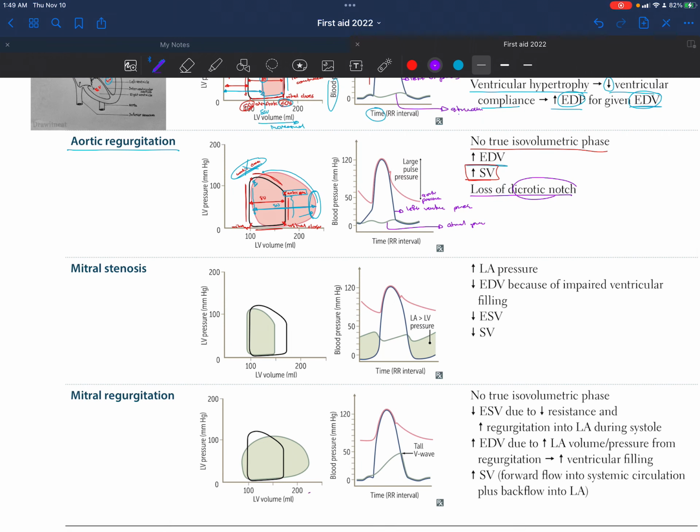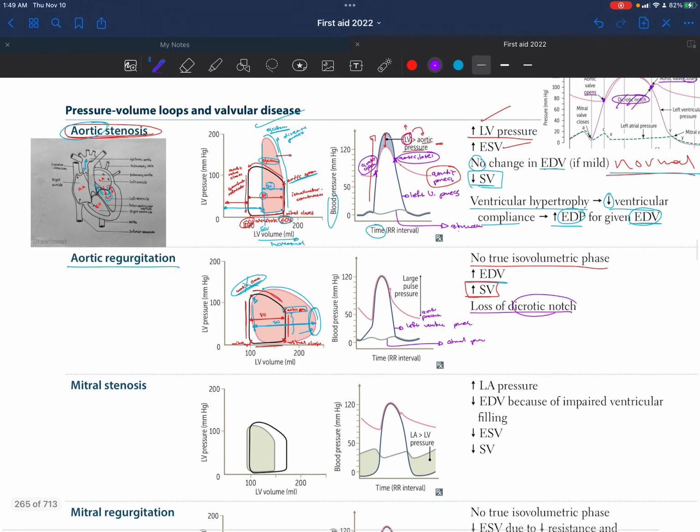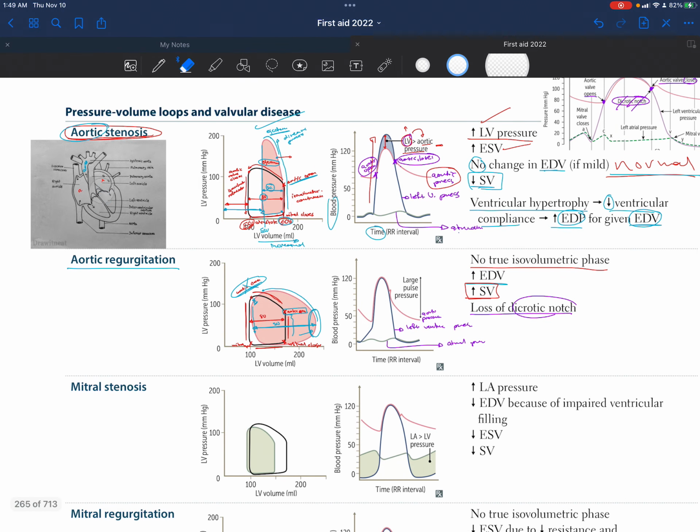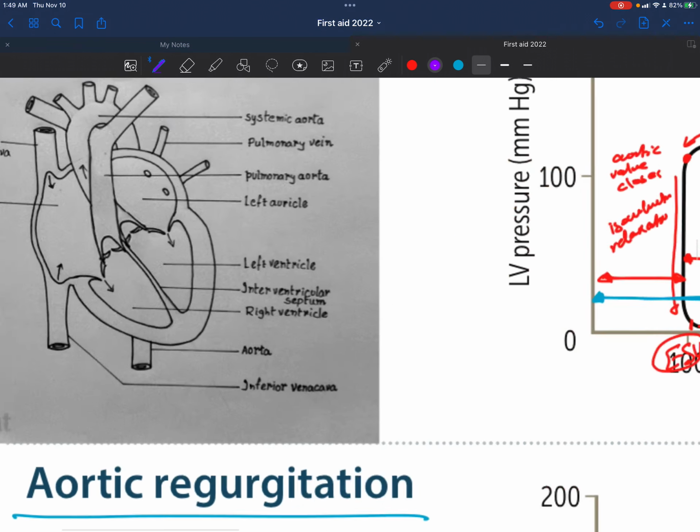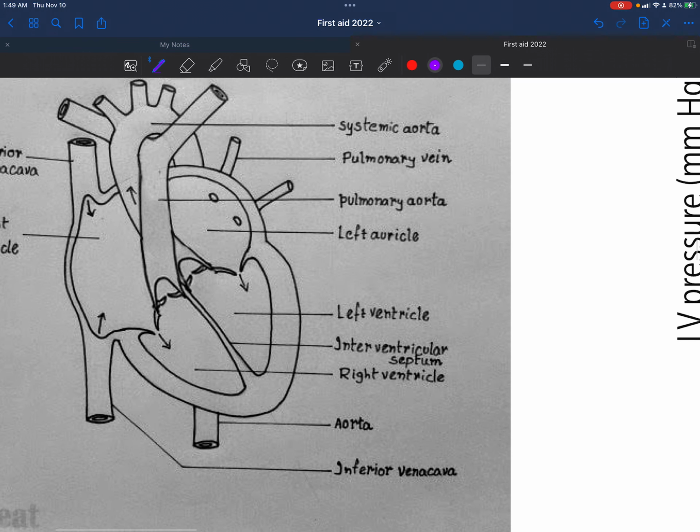Mitral stenosis. Okay, let's take a look at the image again. What's happening? So now there is a stenosed valve, but this time it's the mitral valve.